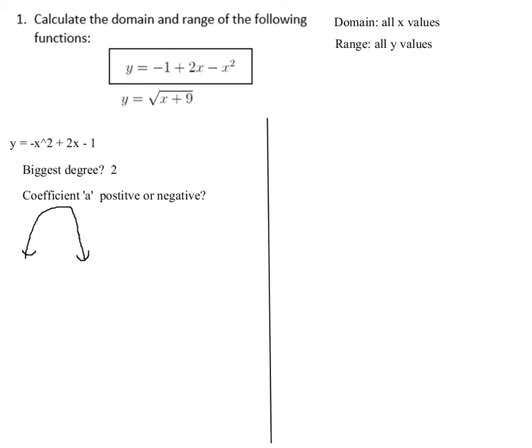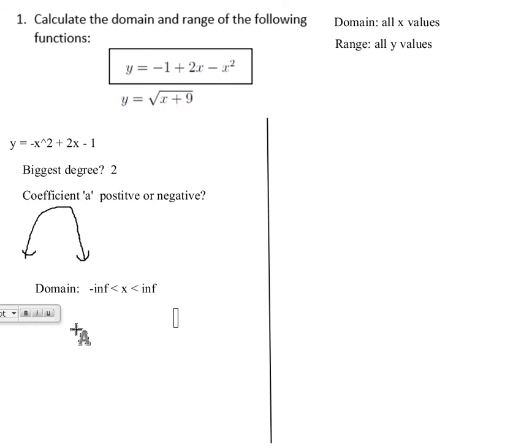Okay, so because it's a polynomial, polynomials have a domain of negative infinity to infinity. We know that any polynomial that you put in, you're going to get that.